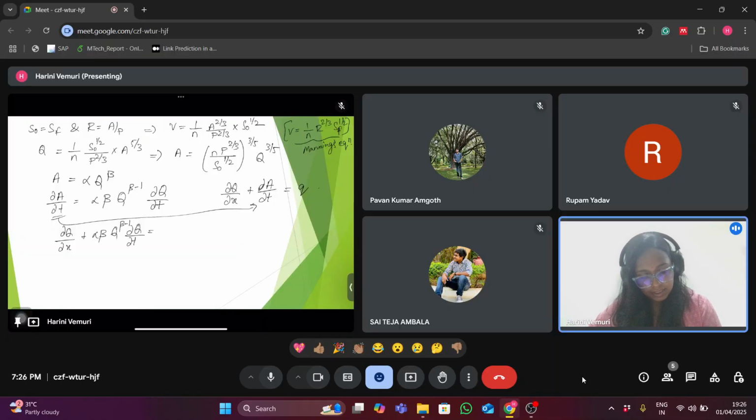This small q is the discharge per unit width. So from this, dx by dt is equal to 1 by alpha beta Q power beta minus 1.